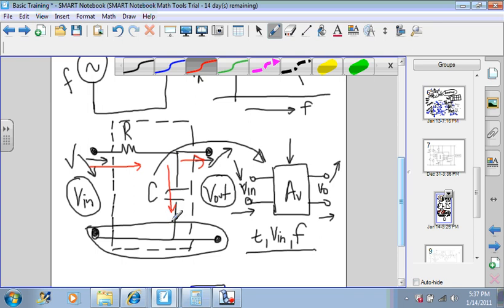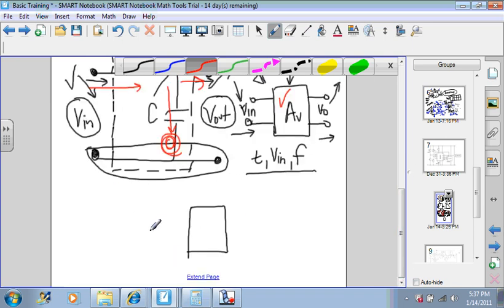But we usually do not add this part into the block. We simply focus on just where the energy is coming in and where the energy is going out. And then we draw the gain. So this becomes our block diagram.